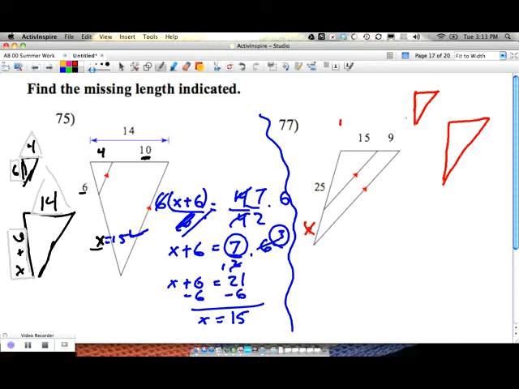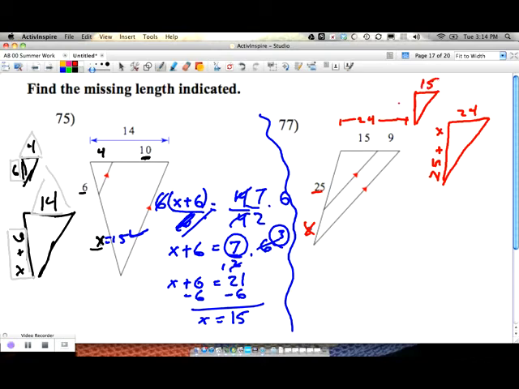So the whole side here, 15 and 9 put together, is going to make 24. That's the whole side. So this side is 24. The other big side is going to be 25 and x put together. So that's going to be 25 plus x.